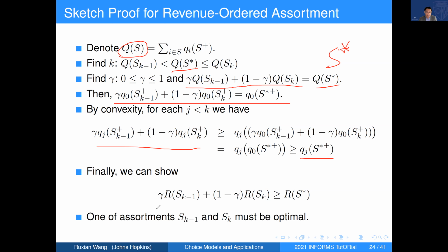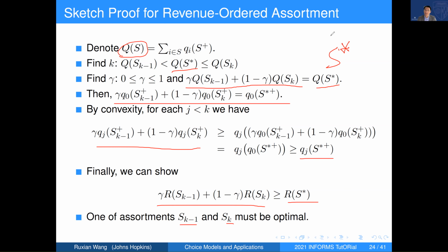And finally, we can show that the convex combination of the total revenue, or total profits, of the revenue-ordered assortments S_{k-1} and S_k is greater than the total profit or revenue of the optimal assortment S star. And then we can say one of the assortments S_{k-1} and S_k must be optimal.